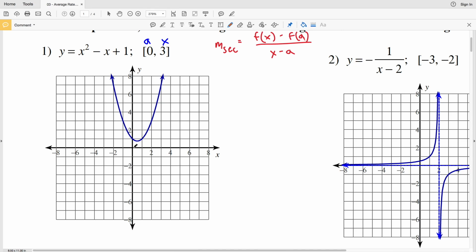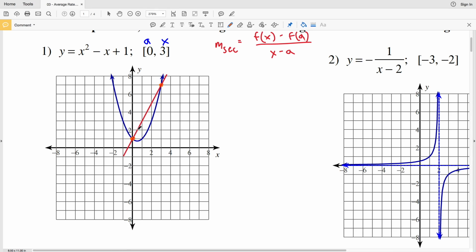Our interval starts at 0, and when we're at 0 in the x, we're at 1 in the y, and then the end of our interval is at 3 in the x, and that's equal to 7 in the y. So you can see our secant line is the line from the start of our interval to the end of our interval and where that intersects our function.